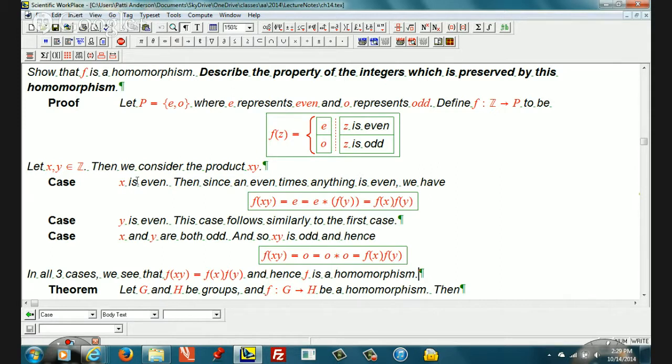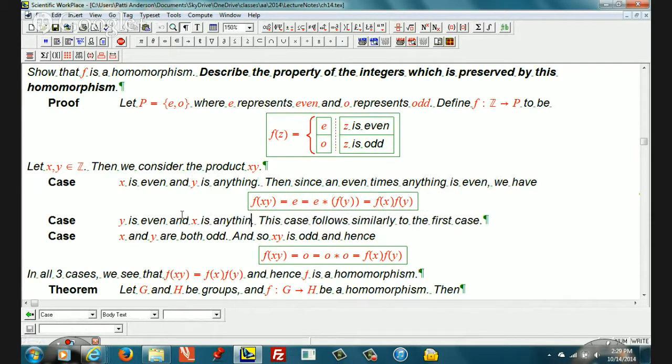That's sort of taken care of in this case. This is x is even and y is anything. And then down here, this is y is even and x is anything. Because really the even is what changes the parity when you multiply it together. So that gives us our homomorphism.